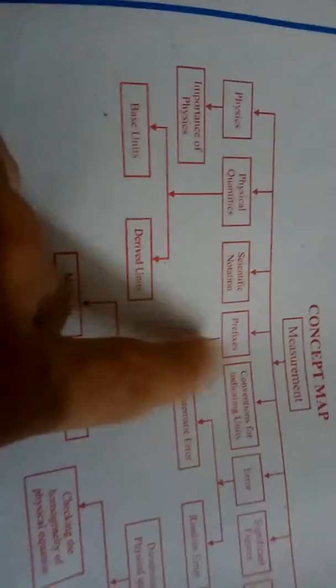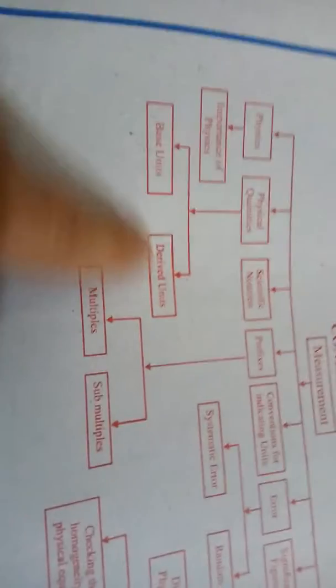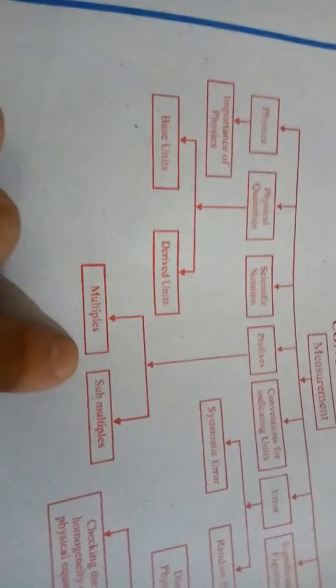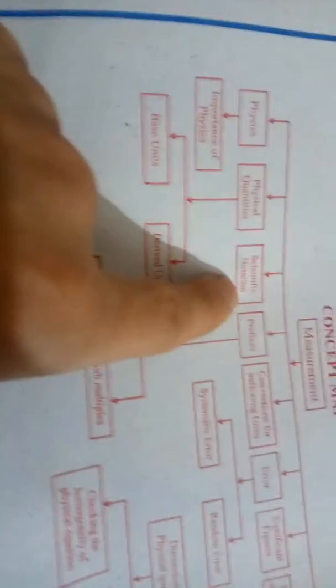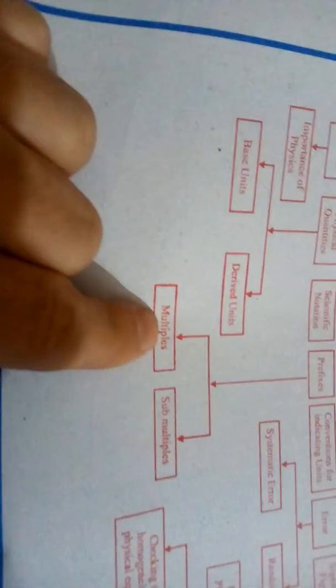Prefixes are symbols and letters which are put before any unit to represent some power of 10, for example nano, -9. If the prefixes are of positive powers of ten, they are called multiples. If negative powers, they are called submultiples.